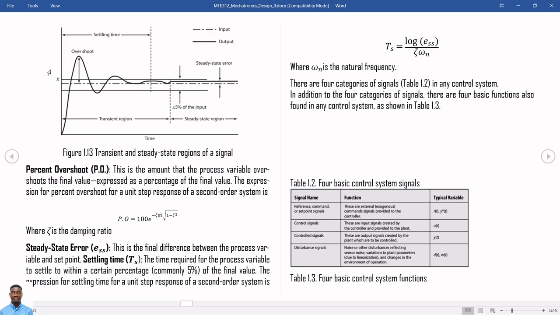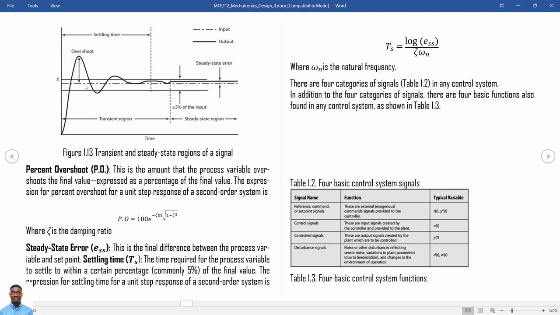We have a certain signal x of t sent into a system, and from this legend, input, output. So this is your input, while this is your output. From here, the starting point of this signal behavior, up until where the signal begins to settle down here, is referred to as your transient region, while from here to where the signal has actually settled down is referred to as your steady state region.